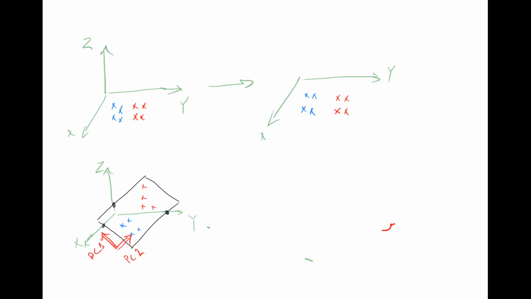So instead of using XY or XZ or any dimension to summarize the variation of location, I just turned my plate into PC1 and PC2.